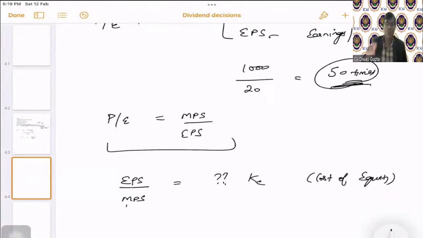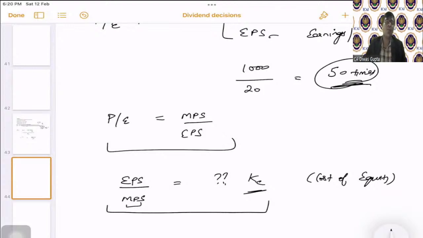Market price per share is always from the perspective of the market. This is not the face value per share, right? This is the market price per share that is existing in the market. Now, on this value, whatever earnings are happening, this is what the expectation is of the shareholder, which is the KE.